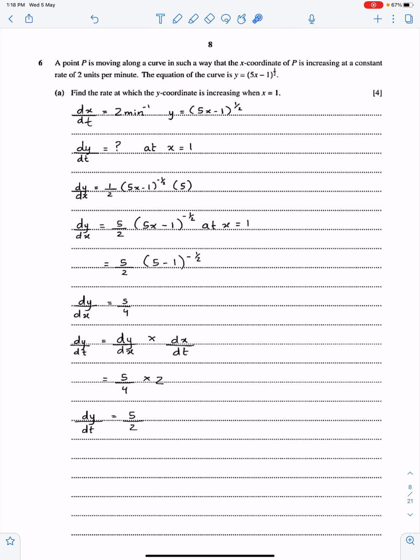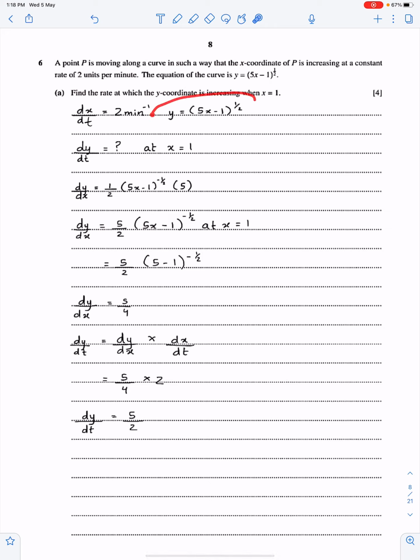Question number 6. A point P is moving along a curve in such a way that the x coordinate of P is increasing at a constant rate of 2 units per minute. This is dx upon dt, 2 units per minute. And this is the equation of y. We need the rate of change of y coordinate when x is 1. So we have to use chain rule for that.